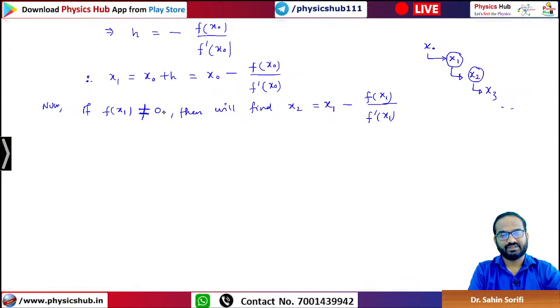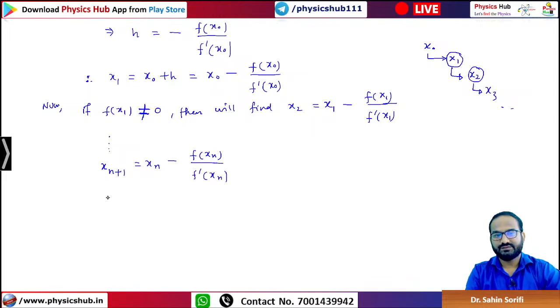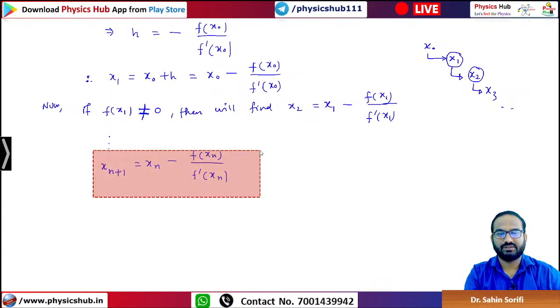So if you repeat this process, after the nth iteration xn plus 1 equals xn minus f of xn divided by f prime of xn. This formula is known as the Newton-Raphson method formula.